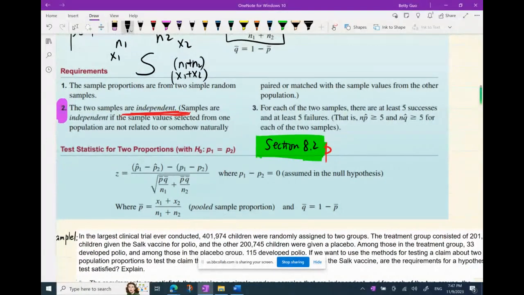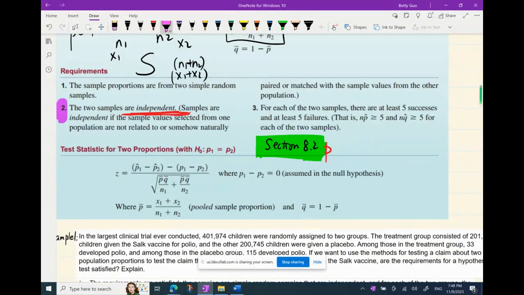And number 3, we require for both samples that the number of successes is at least 5, and the number of failures also is at least 5. With those requirements met, we are able to use the normal distribution to approximate the binomial distribution. If you look back at section 8.2, you'll see those things.